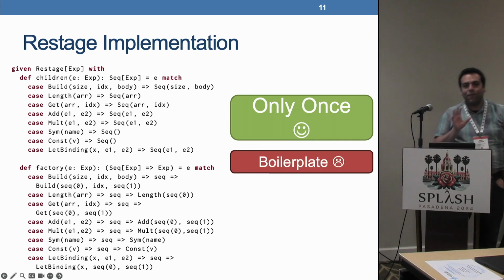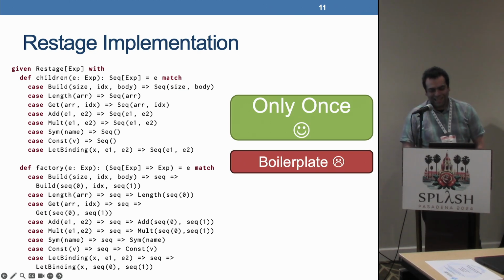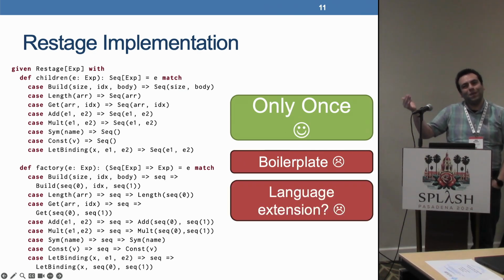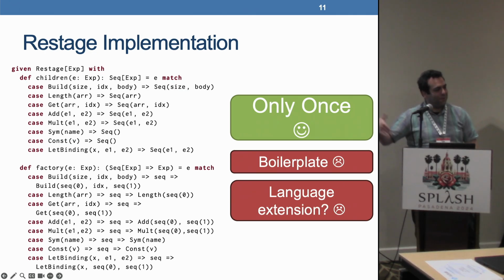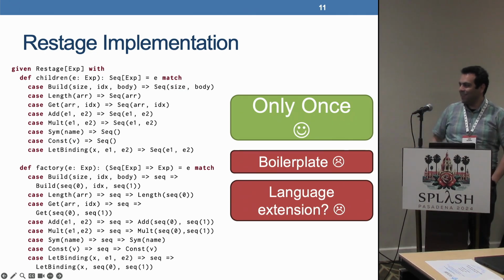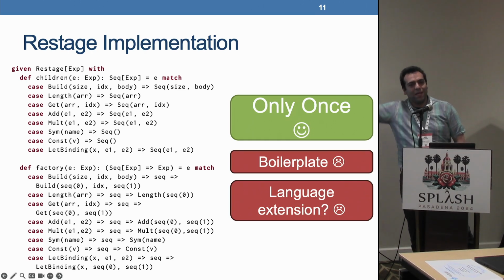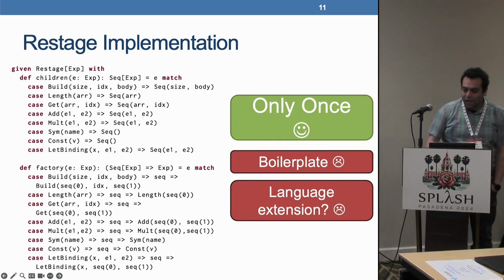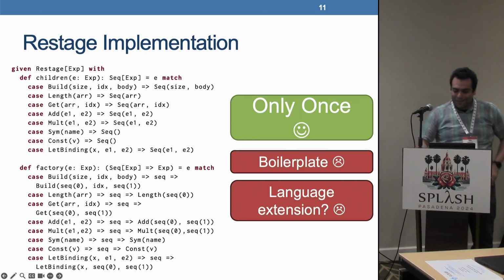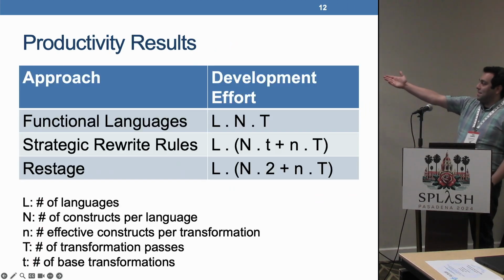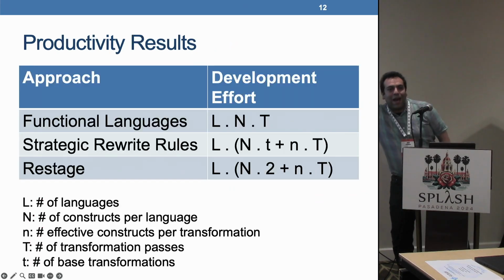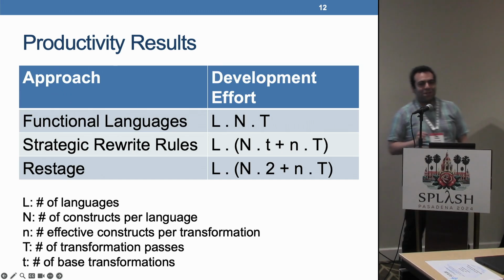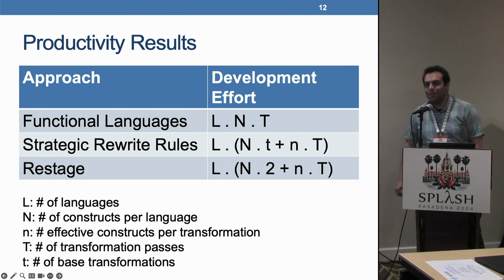Again, we have boilerplates. And if you want to extend the language again with some additional constructs, we have to extend each of these two cases and be careful that we are actually extending it. But the cool thing is that now we have improved the productivity slightly more.